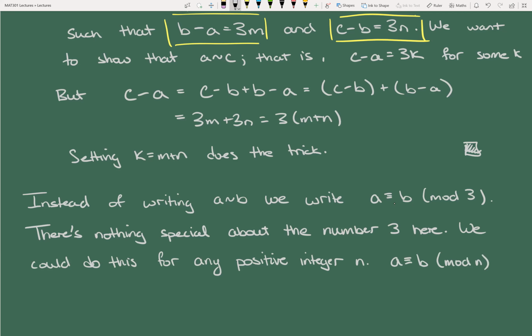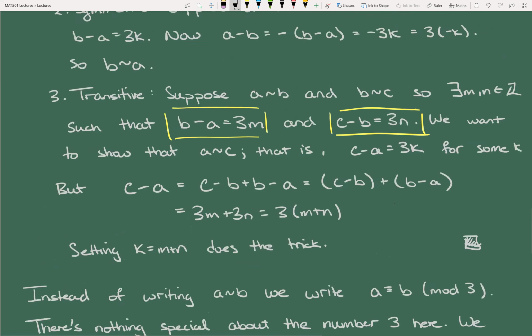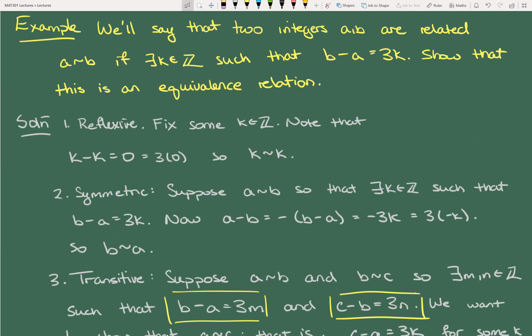Now if you're not 100% convinced by that, and you might not be, that's totally okay. Go back and do the proof for an arbitrary N. Up here in yellow where it says B minus A is equal to 3K, replace that with B minus A is equal to NK. This could also be written as 3 divides B minus A, so if you're more comfortable with the divisibility notation, you can change it so that N divides B minus A, and redo the proof.